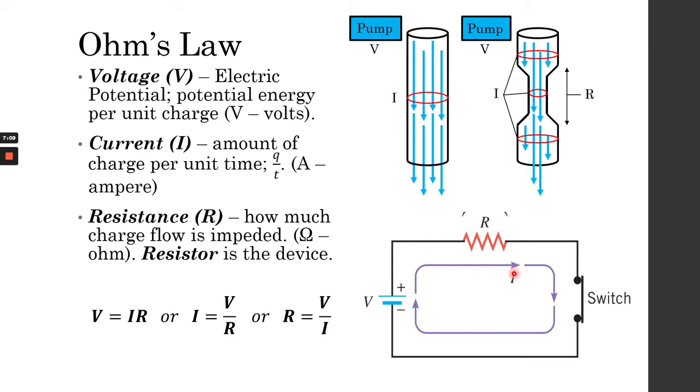So if we look at a clear example of a circuit, we have a voltage source, usually a battery, and we've discussed before that because of the electric field that is caused due to the potential difference, or the electric potential or the voltage coming from our battery, our electrons travel, right?